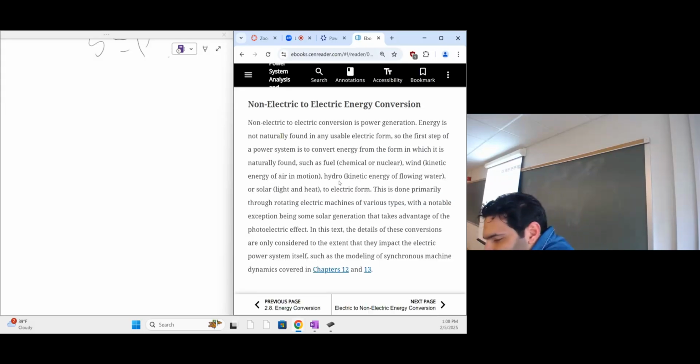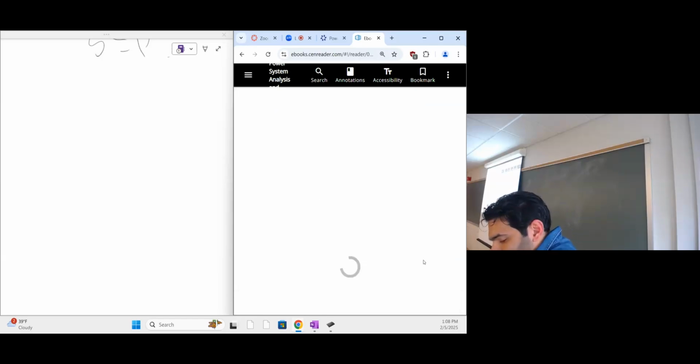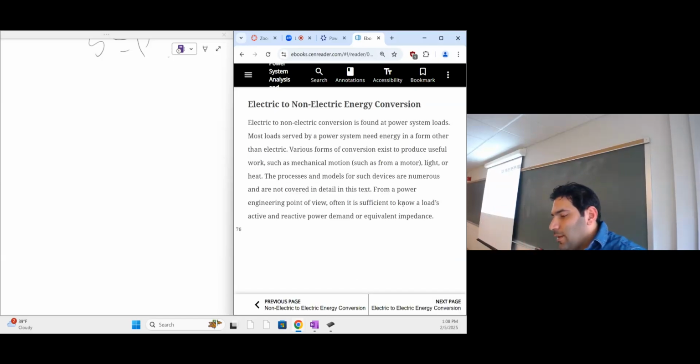So we talked about the non-electric to electric energy conversion, and few of you listed few types: fuel, wind, hydro, nuclear, solar. Okay, this is non-electric to electric energy conversion. The electric to non-electric could be reversed. Like, who could tell me that process?